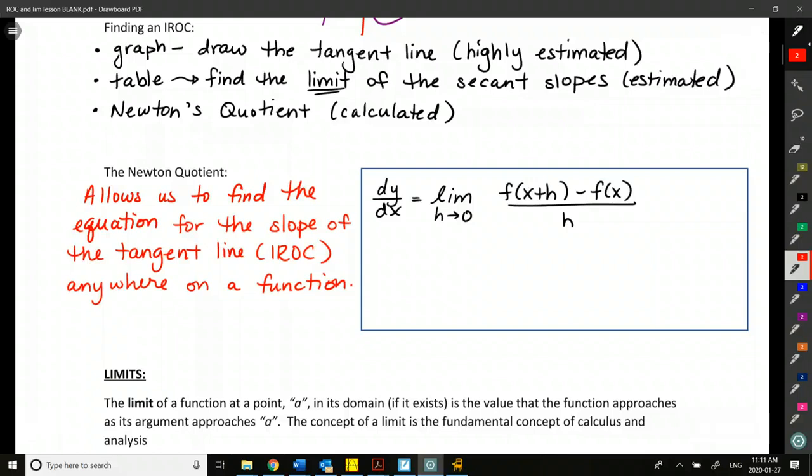Okay, so think of these two things as kind of the same in your mind. Slope of the tangent line is telling us instantaneous rate of change for that function at whatever particular x coordinate we're calculating for. So slope of tangent line, instantaneous rate of change, those two things are almost like synonyms.